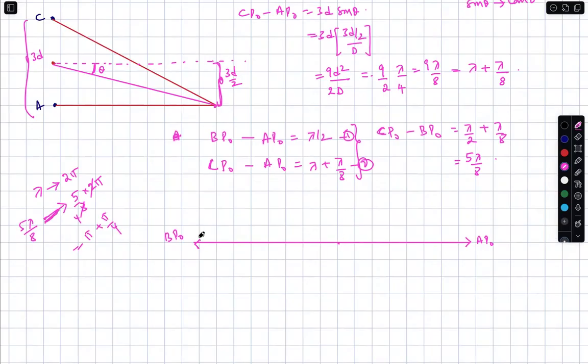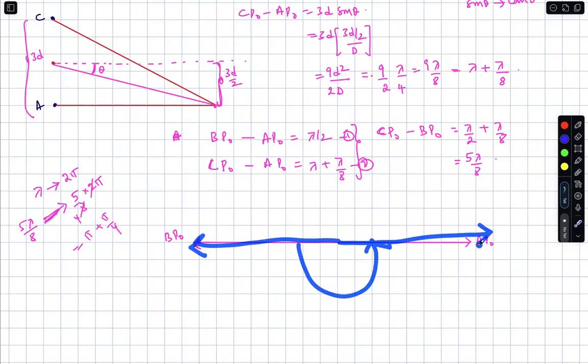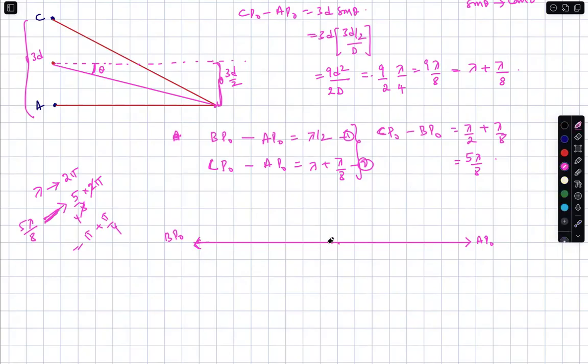Which means now I am writing about CP naught. The CP naught reference is this line. With respect to this line, you require 180 plus pi by 4, which means you'll get another phasor here, at pi by 4.